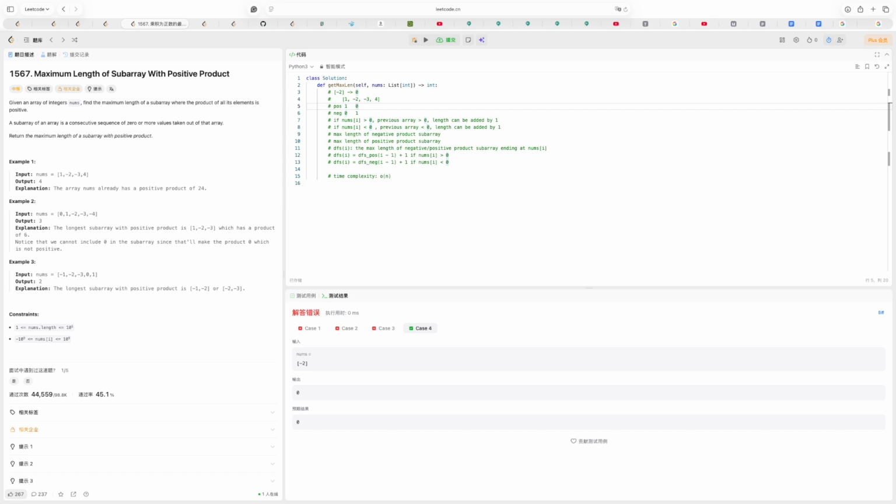Like for this, negative or positive should be, positive should be 1.